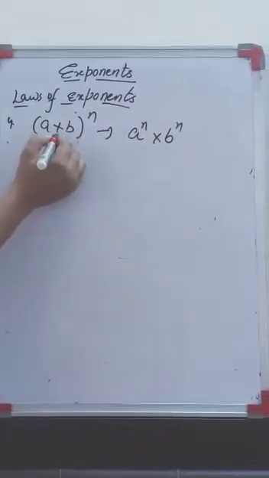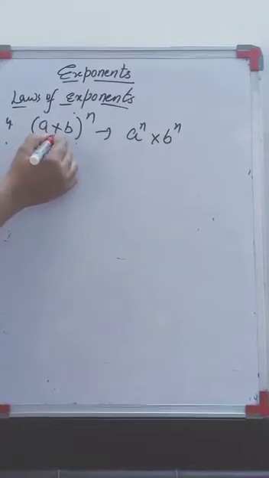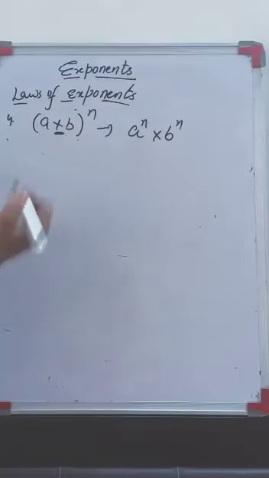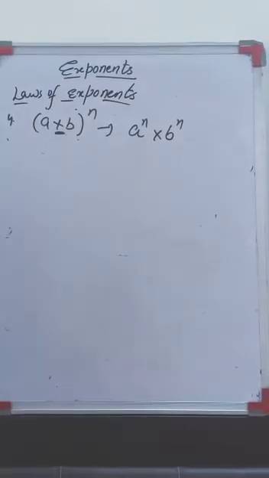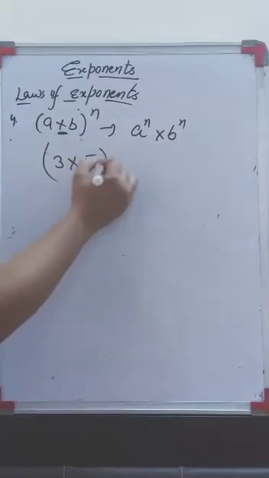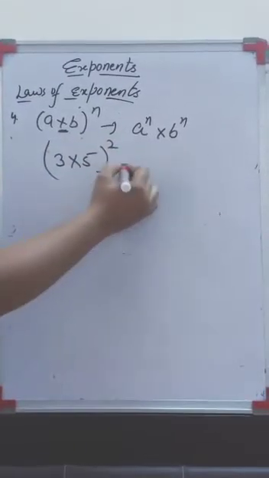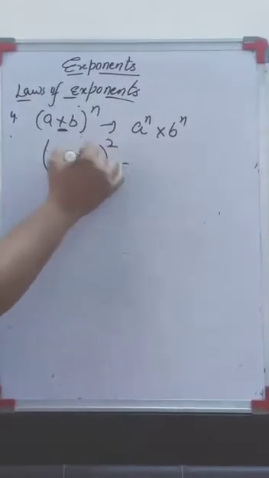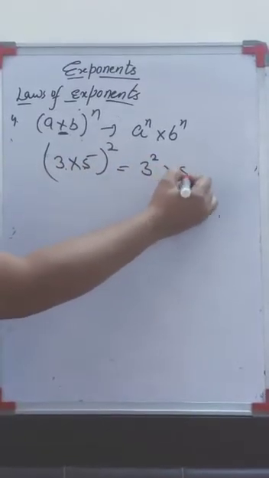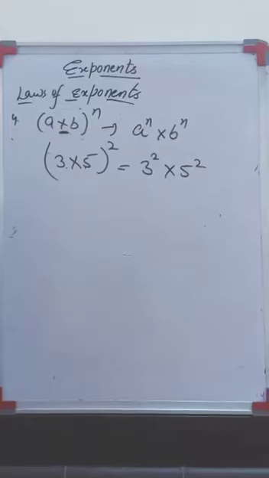See over here, it is not plus, it is not minus, it is a multiplication sign, right? For example, 3 into 5 raised to power 2: either you can write 3 into 5, that is 15 square, or you can write 3 square into 5 square, right?